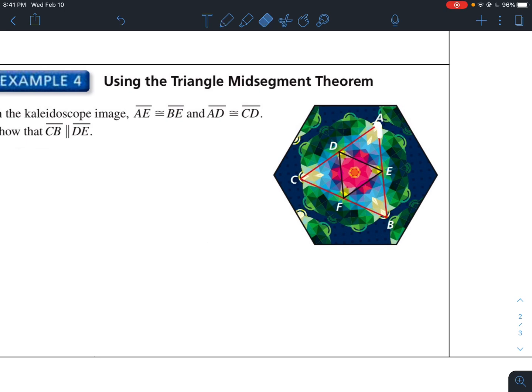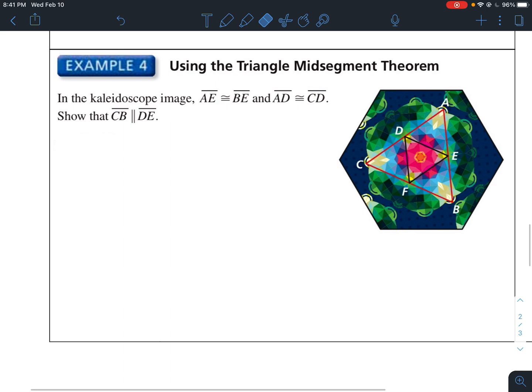So this line right here and this segment right here are equal to each other. AD and CD are equal to each other, and we want to show that CB, so this right here, CB and DE are parallel.